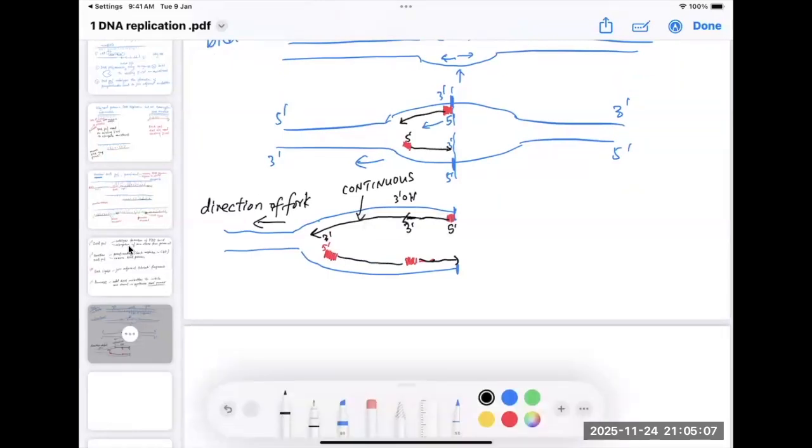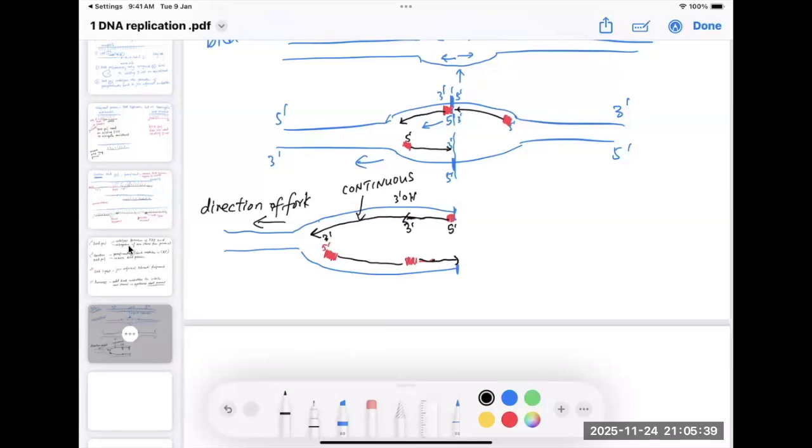So on the other side, this is 3'. So this side will be 5', right? If this side is 5', this side will be 3', and this will be 5'. Correct? So now on the 5' end, I will add the primer. Yes. Then after that, I will elongate until here and stop.